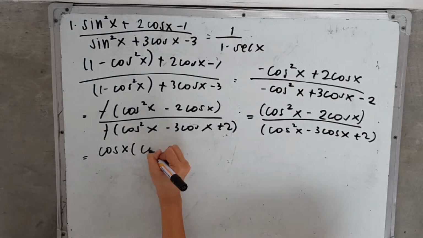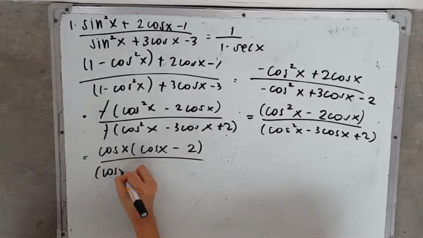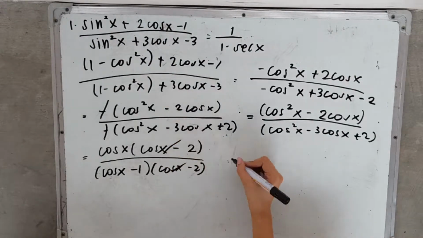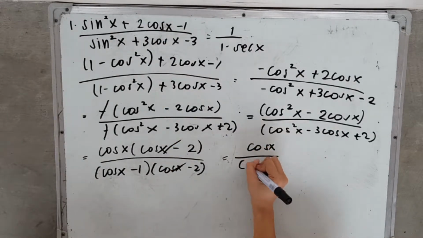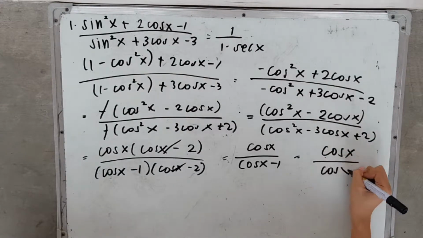We will factor out the numerator using the common monomial factoring. Since we have the same terms in the numerator and denominator, we will do cross cancellation. Cosine x over cosine x minus 1 will remain.